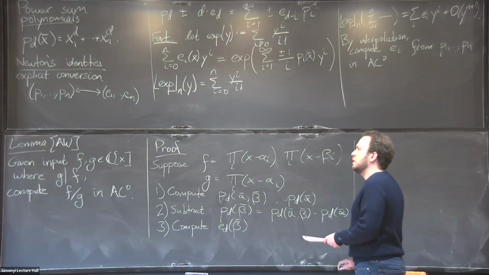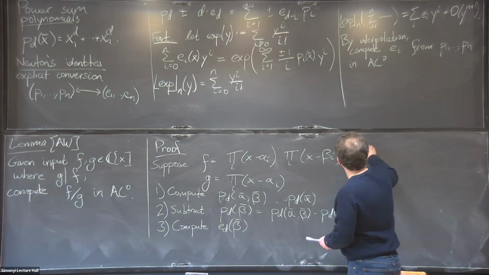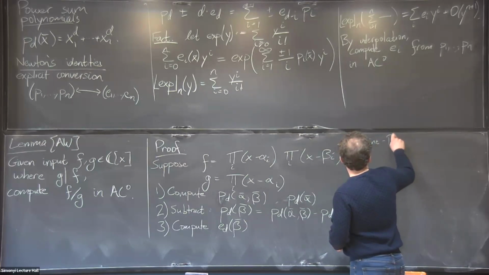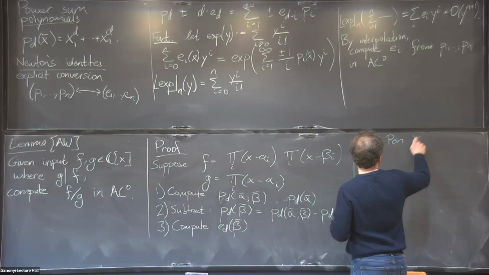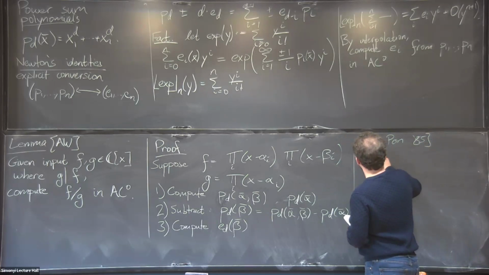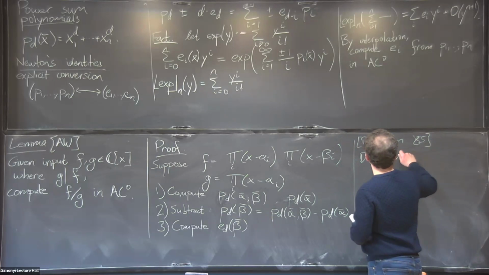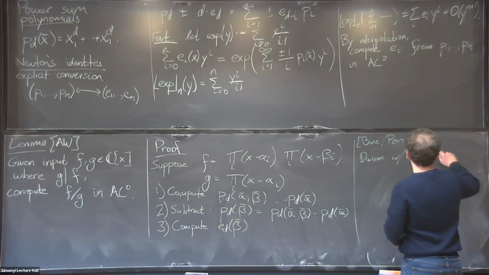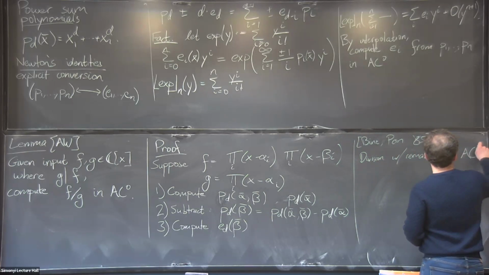Now I should remark that there's a result of Bini and Pan from, I think, '85. They show that division of polynomials, even with remainder, is in AC0.